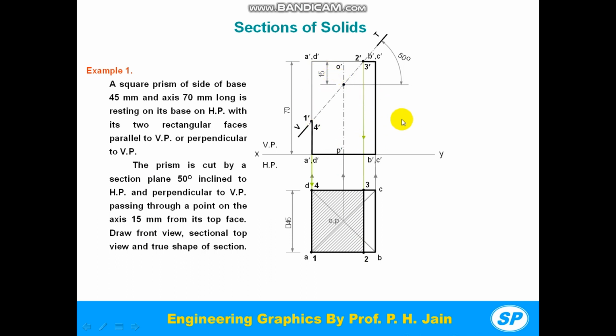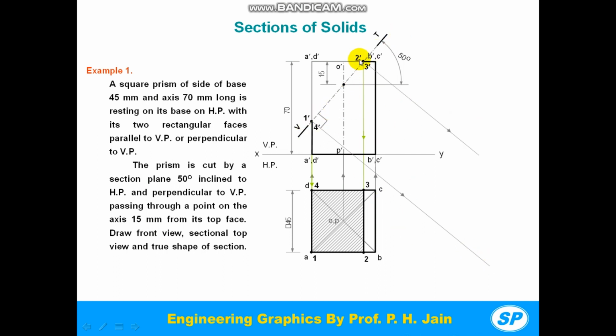Now let's project the true shape of the section, because this is not the true shape of the section. The true shape of the section will be seen from a direction which is perpendicular to the cutting plane VT. So from this side we will see the true shape of the section. For that, through each section point, draw lines perpendicular to the cutting plane VT.